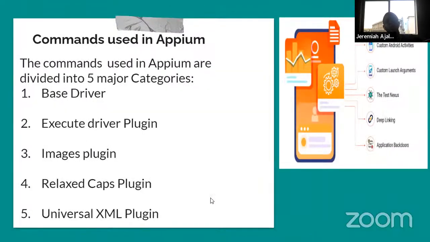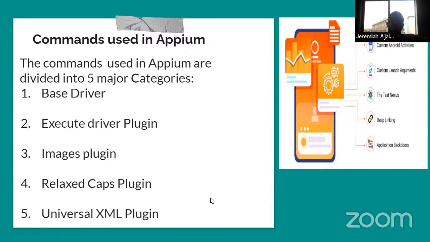One thing in APM is that the commands are divided into five major categories. One of them is the base driver, the execute driver plugin, the image plugin, the relaxed caps plugin, and the universal XML plugin. So those are the five different categories the codes are grouped into.